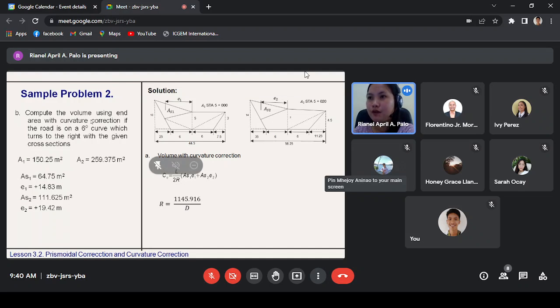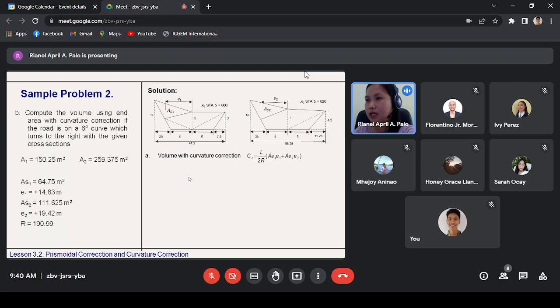Since the degree of curve is given as 6 degrees, we solve for the radius of the curve. That will give us 190.99. Okay?